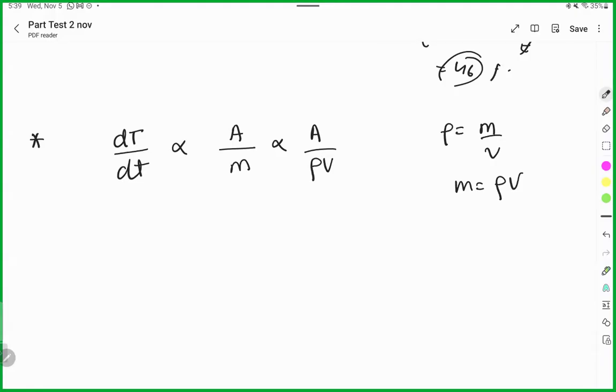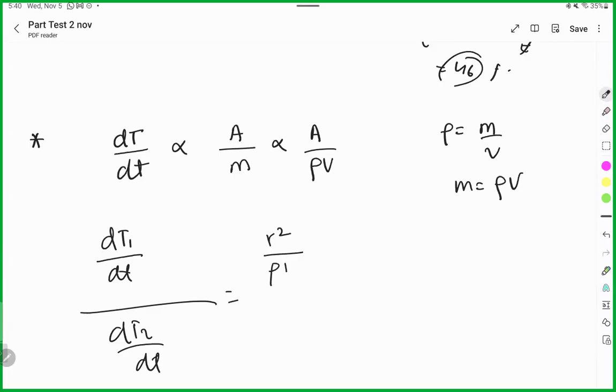Now you have to take a ratio of delta T1 by dt divided by delta T2 by dt is equal to, what is the area here? Area will be in the form of r square, correct? So like r1 square, rho density and volume. What will be the second r?